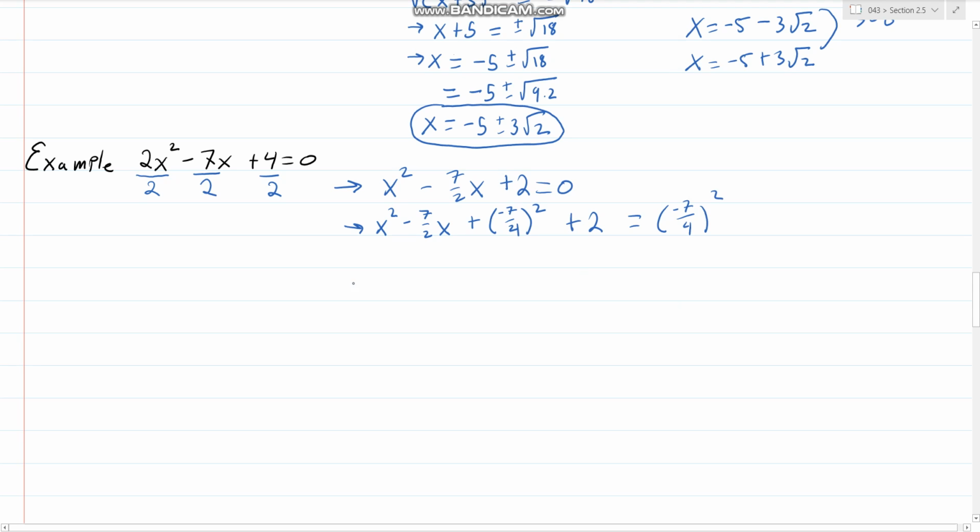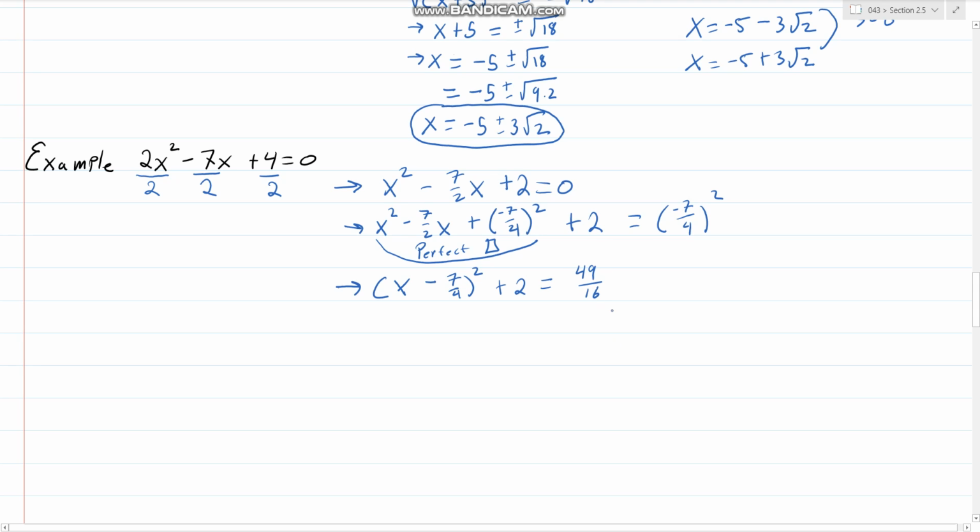Now I can rewrite this because this is a perfect square trinomial. I can rewrite this as x minus 7/4 squared plus 2 equals, and if I want, I can go ahead and square this, so that would be 49/16.